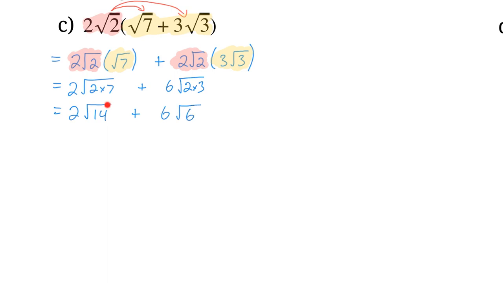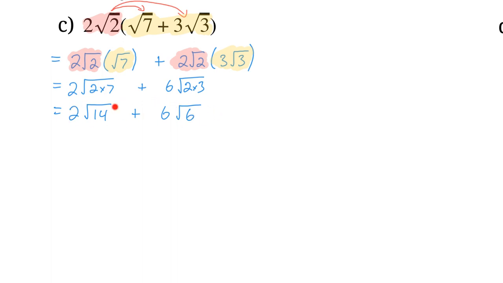Now we need to check if these can be simplified even further. So there are no factors of 14 that are perfect squares, so we can't actually simplify that any further. And there are no factors of 6 that are perfect squares, so that can also not be simplified any further. And now we need to do the addition. But can we add these two things together?